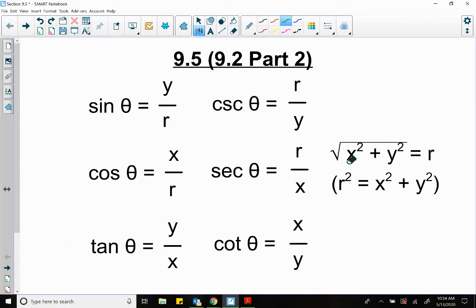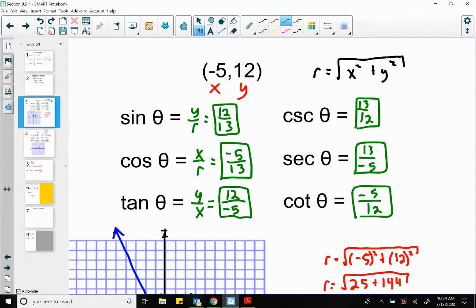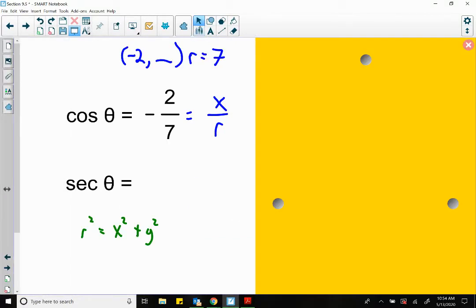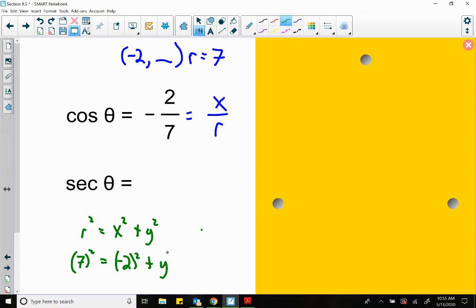I don't really want to use this one. I would rather use this guy that's right there. So if I go back to this one, let me jump down to it. If I do some plugging in, my r is 7, squared, equals my x, which is negative 2, squared, plus my y, which I don't know, so we'll just call that y squared.